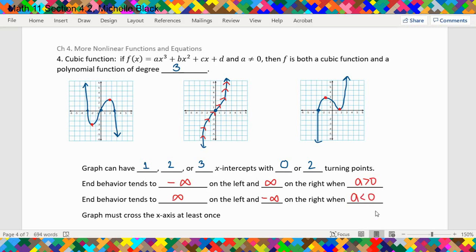No matter what, when dealing with the cubic function, your graph must cross the x-axis at least once. Since our end behavior is always pointing in opposite directions, either negative positive or positive negative, at some point we'll have to cross through the x-axis.